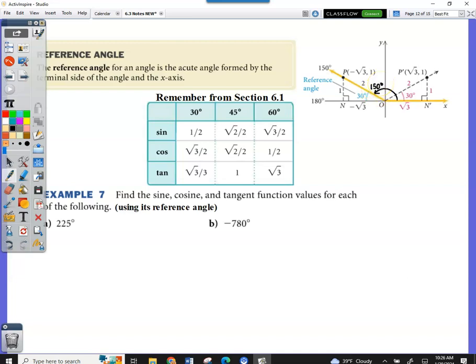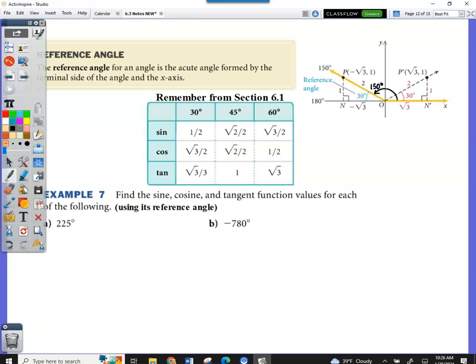Okay. The reference angle, stay with me, is the acute, what's that mean? Not ugly, right? It's the acute angle, meaning less than 90. You with me? Reference angles are always less than 90. It's the acute angle that is between the terminal side collapsing to the x-axis. Look right here.